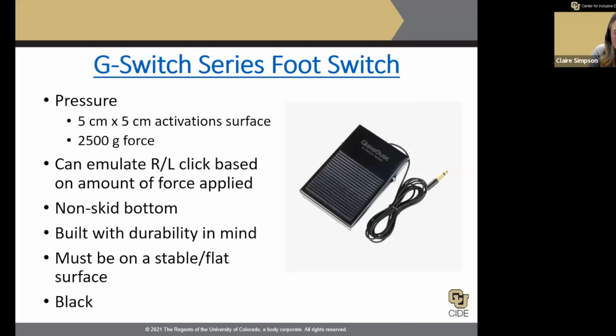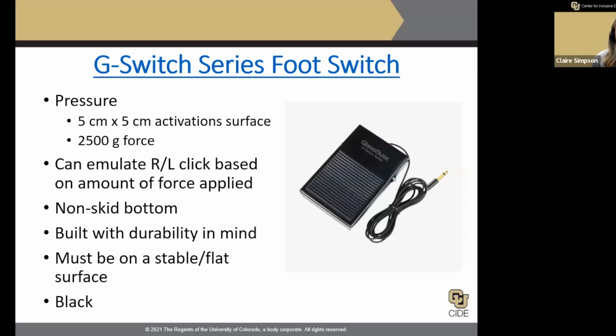The Glass House G-Switch series foot switch is intended to be used with the foot. It requires a bit more force than the others, so it requires 2,500 grams of force, but I do think that makes it a little bit more durable, which can be really important for a foot switch sometimes.